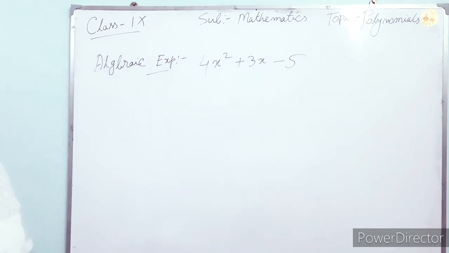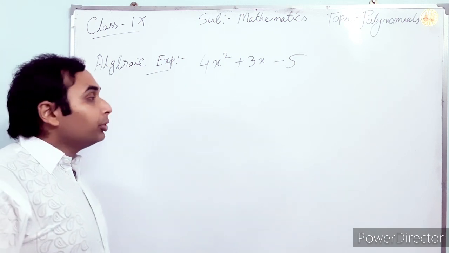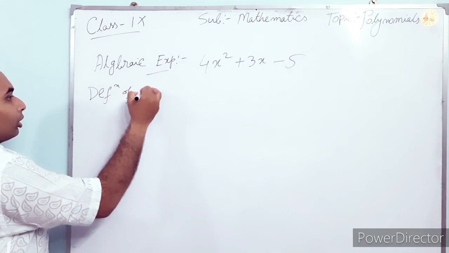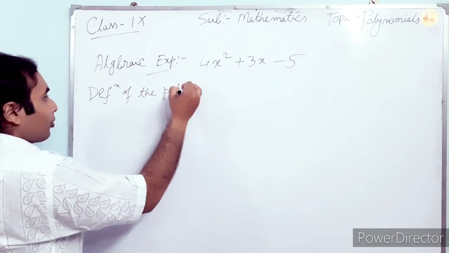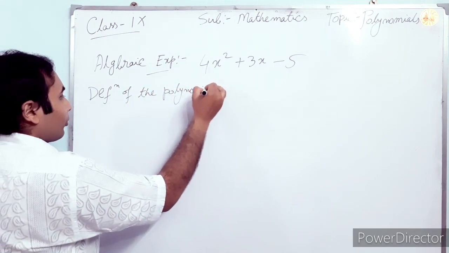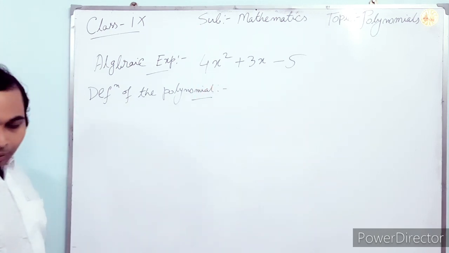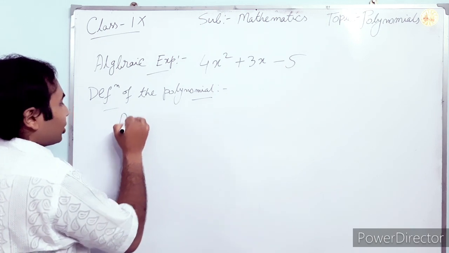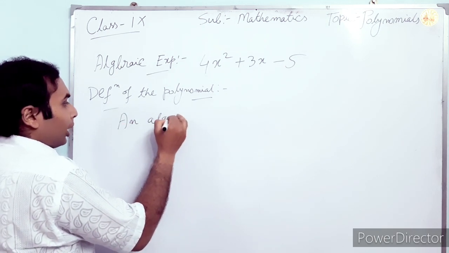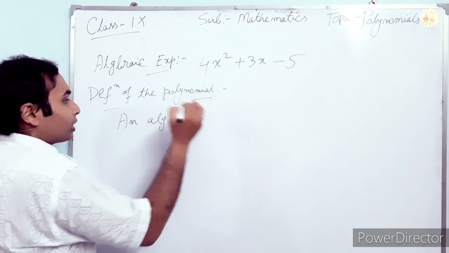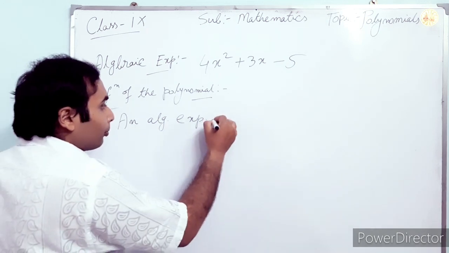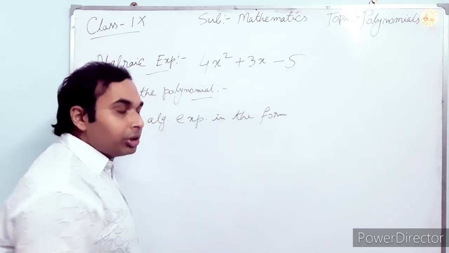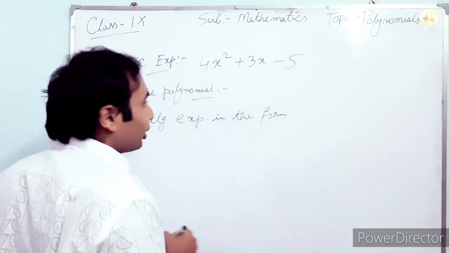So let us see what the definition of a polynomial is now. So a polynomial is an algebraic expression in the form, this form is very important, I will tell you why later.